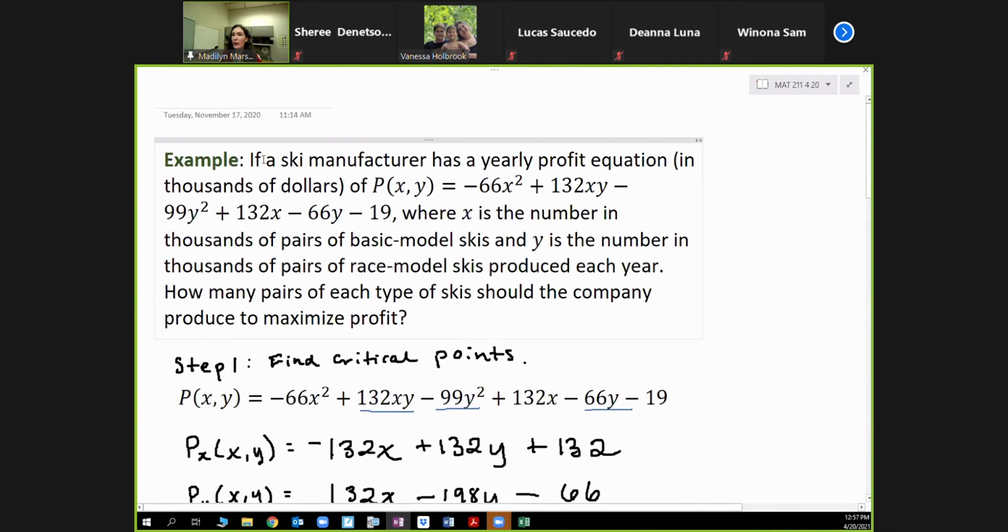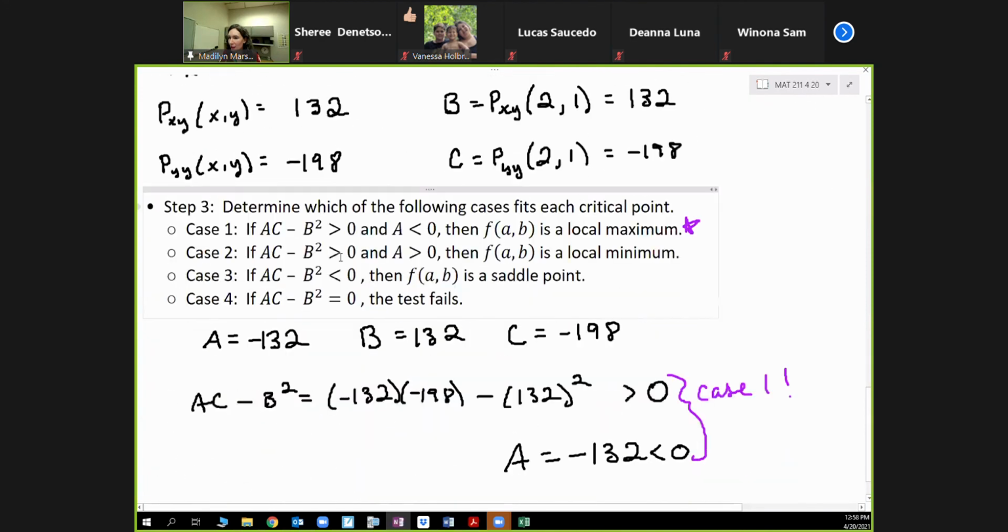Our profit function says that P is in thousands of dollars and X is the number in thousands of pairs, Y is the number of thousands of pairs. So X itself is just the 2 still, and Y itself is just the 1. When we interpret that, we would say we need to make 2,000 pairs of basic and 1,000 pairs of race, but X and Y are still just the 2 and 1 that we found. So I'm going to copy and paste this again so I don't have to remember it.